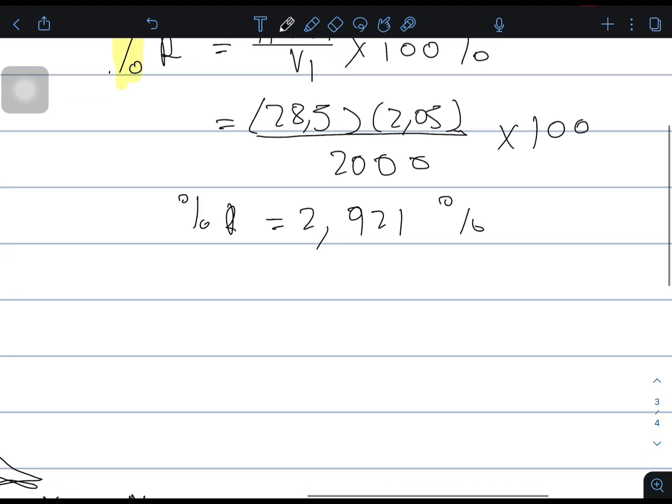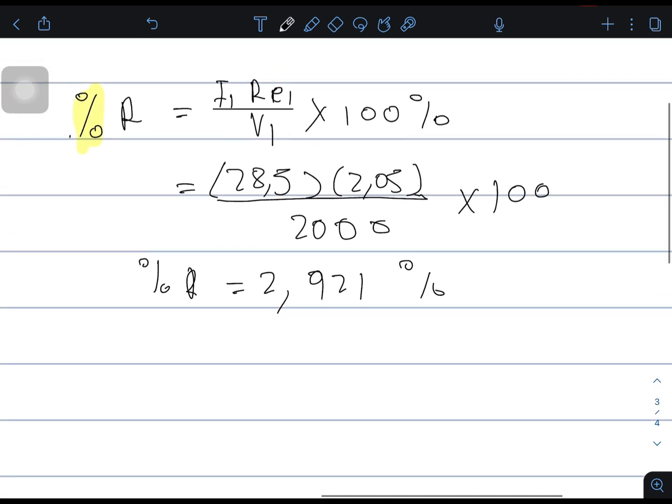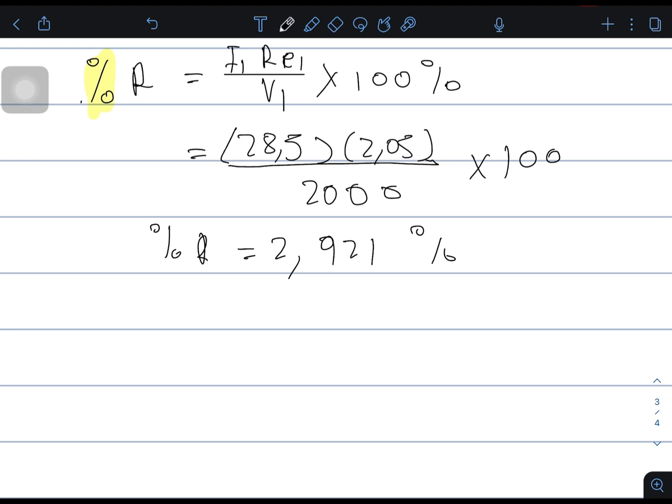Okay, and we can also use referring to the secondary, but it's going to be long. But for understanding, I want to show you. Percentage resistance when referring to the secondary side, we need I2, which is why we use RE2. When referring to the primary side, it is shorter.